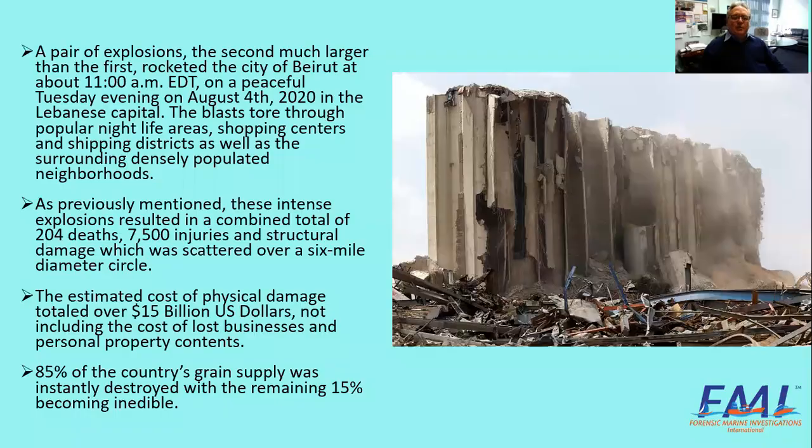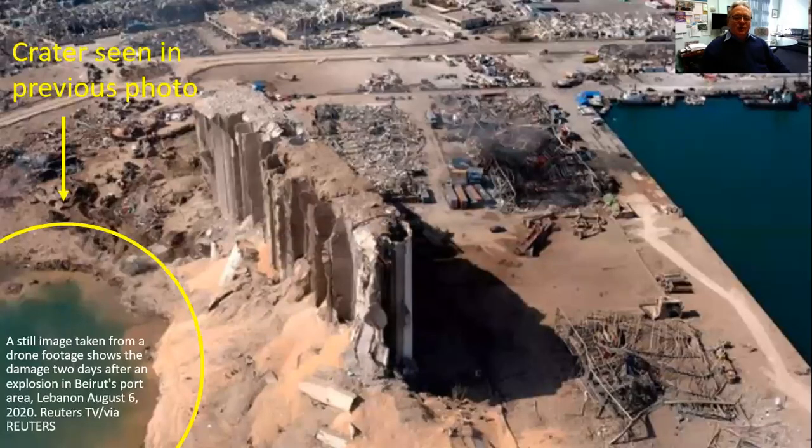I'm sorry, let's go back one picture. I just wanted to show you something. If you notice the lack of damage on the upper right portion of the screen, you see vessels there, you see cars there, you see a variety of things. And the reality was there was very little blast effect to the northeast, if you will, in this photograph. And why is that? Because of the positioning of those silos.